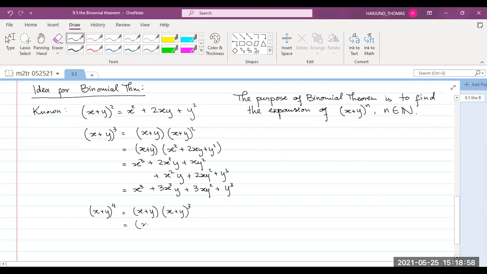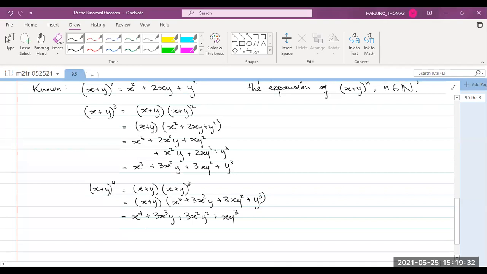From what we had earlier, x plus y cubed is x cubed plus 3x squared y plus 3xy squared plus y cubed. That gives us x to the 4th plus 3x cubed y plus 3x squared y squared plus xy cubed.